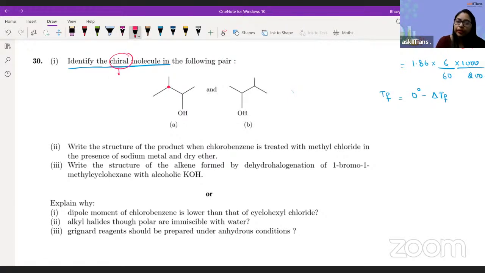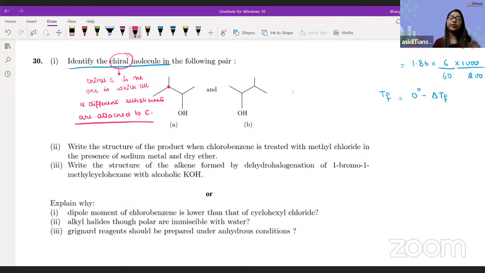Right. So now, what is a chiral carbon? A chiral carbon is that carbon in which all 4 different substituents are attached to the carbon.